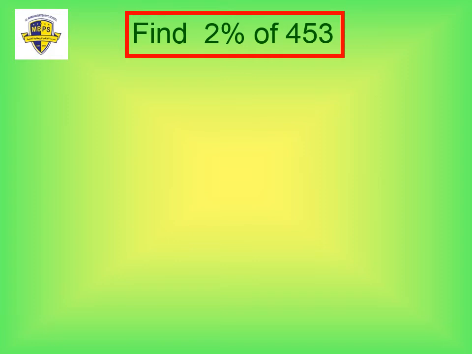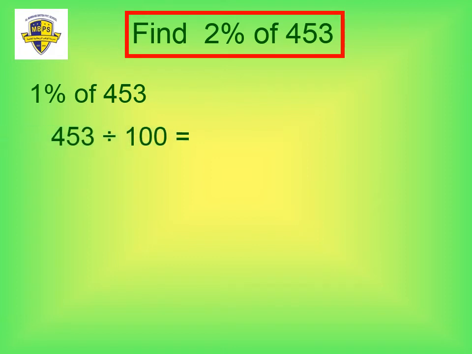Excellent. We are going to use 1%. Why? Because 2 equals 1 plus 1. Good, grade 5. So let's find 1% of 453.